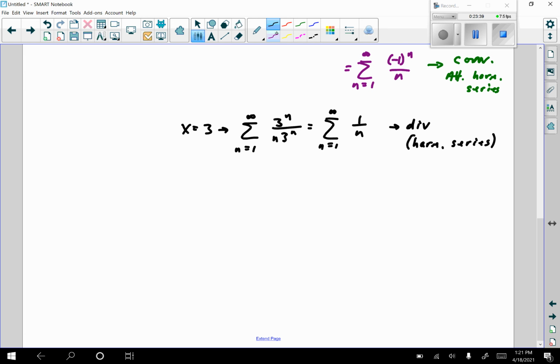So we can include the -3, just not the 3. So our interval of convergence includes the -3, but not the 3. So for any number between, it will converge, just not at the right endpoint, but it will at the left endpoint.